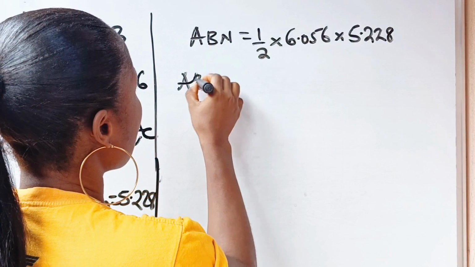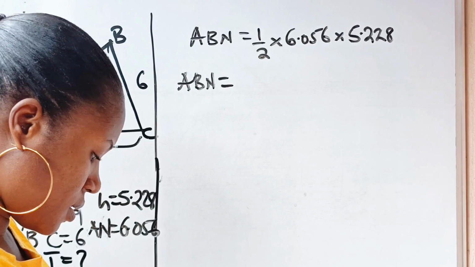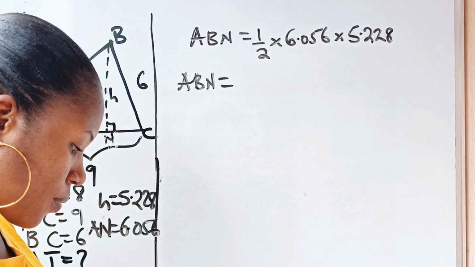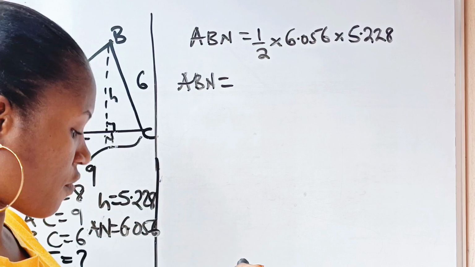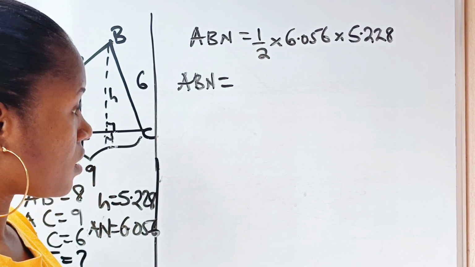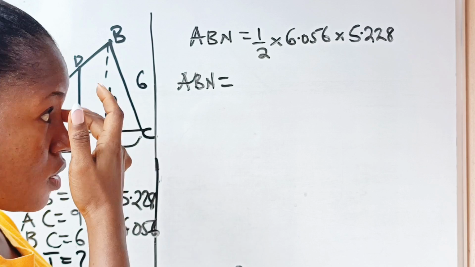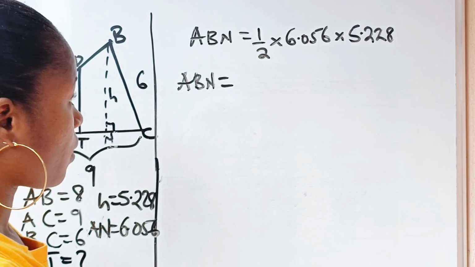Let's multiply this. 6.056 times 5.228 will give us 31.6426.